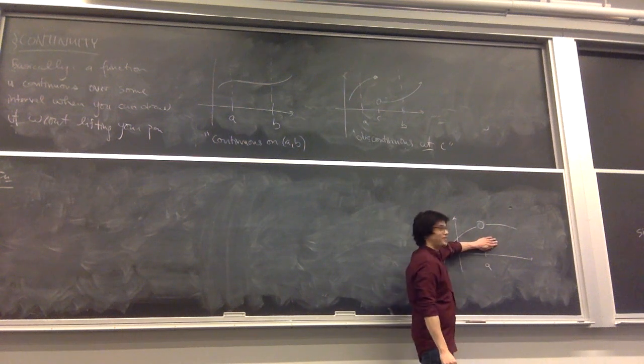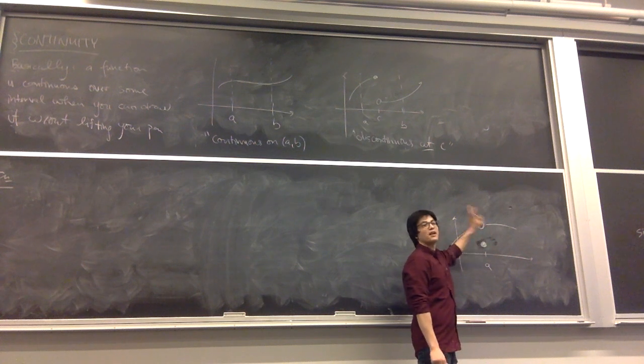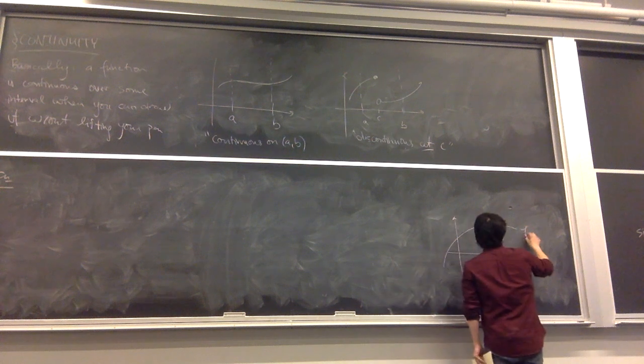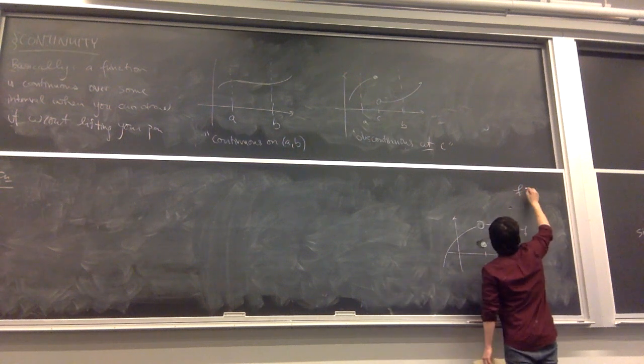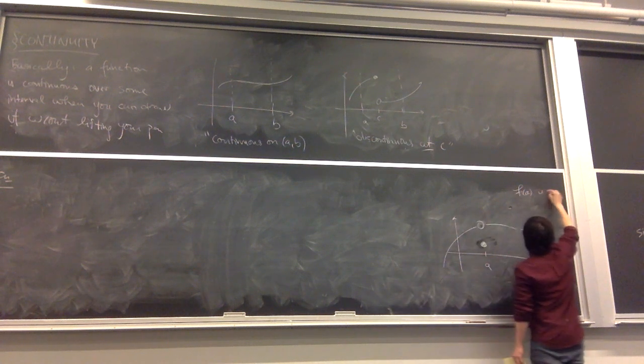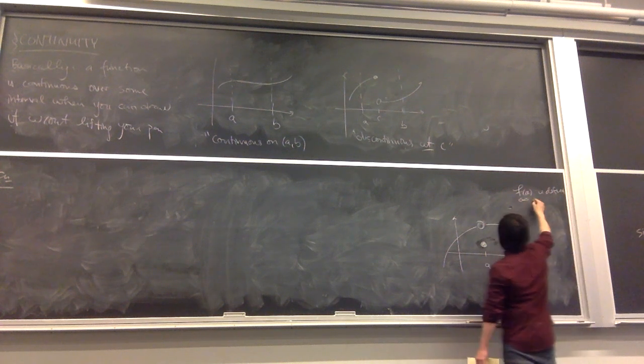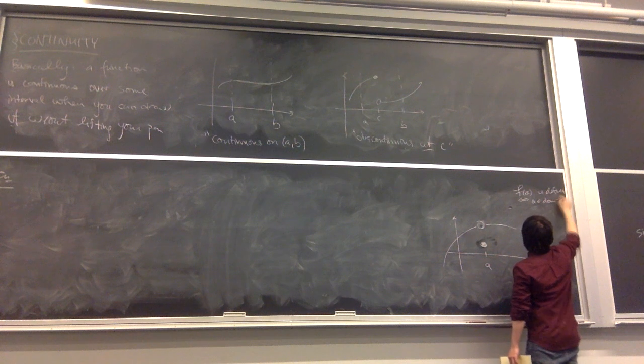Okay, so you identified this as being discontinuous. When I filled this in, you identified that as being continuous. So if this is f, you need at least three things. f of A is defined, which basically means A is in the domain of f.